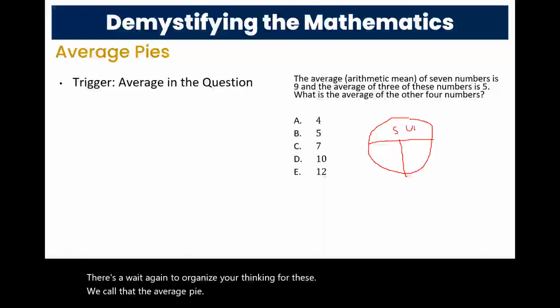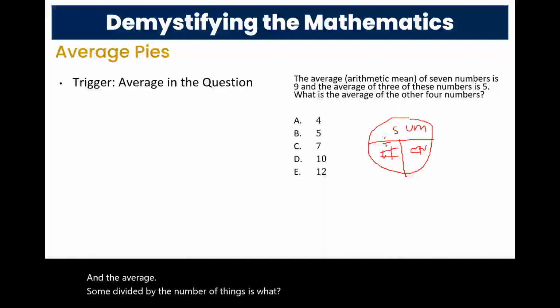Sum, the number, and the average. Sum divided by the number of things is what? The average. Sum divided by the average is what?